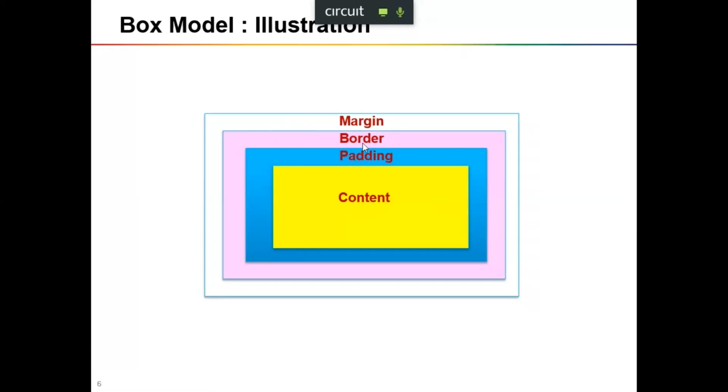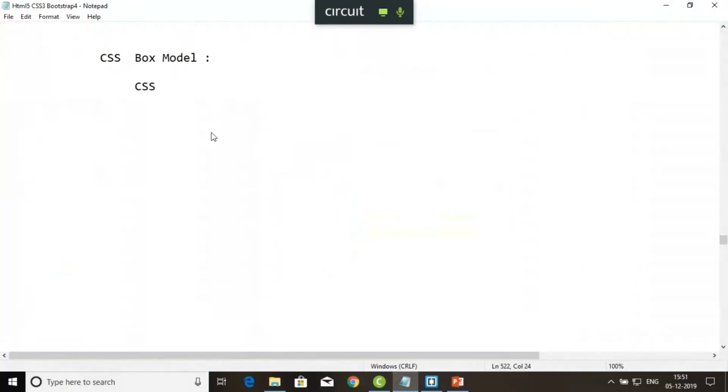So first, CSS padding. It is the space between the element border and the element content. Next, I have another property, that is CSS border.